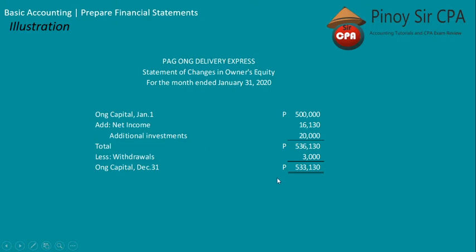That's how you arrive at the ending capital balance. Sorry, December 31 pero January 31 yung tinutukoy natin. Mali lang yung nagsulat. So, it should be January 31.